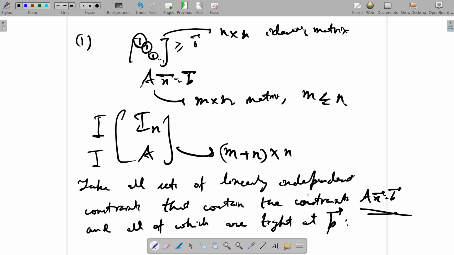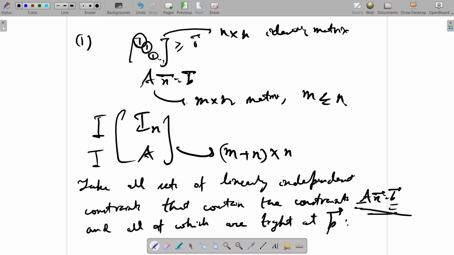So what are we doing here? We are taking all sets of linearly independent constraints. So remember, I said when we are talking about linear independence of constraints, then we don't really care about this b. What we are caring about is the row vectors of A. So anyway, A is full rank. So all the row vectors of A are linearly independent. So you have m linearly independent row vectors here.